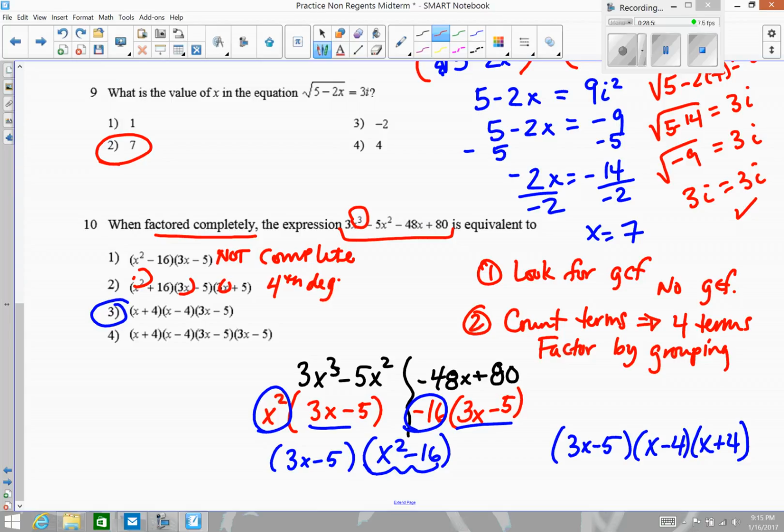Doesn't match what I started out with. And number 4, if we were to multiply that out, that is also fourth degree. So we should have been able to eliminate actually all of those without even completely factoring ourselves. Alright, well let's move on.